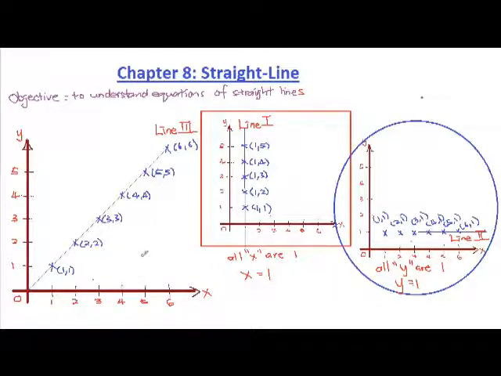So the common characteristic of these points can be expressed algebraically in terms of x and y. So the equation of straight line 3 is y equals x, because all x are equal to y.